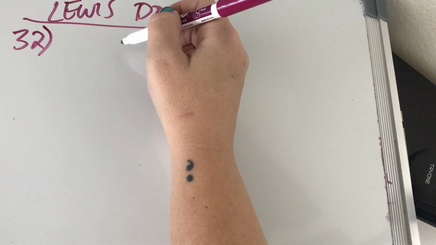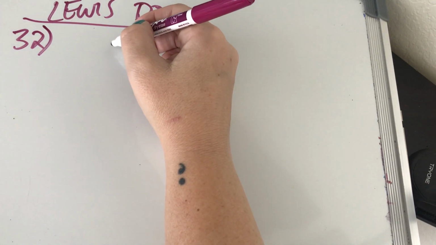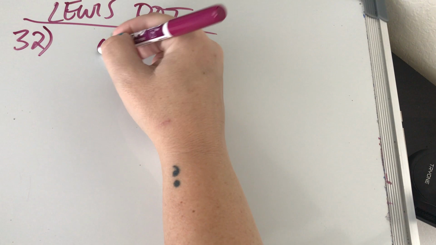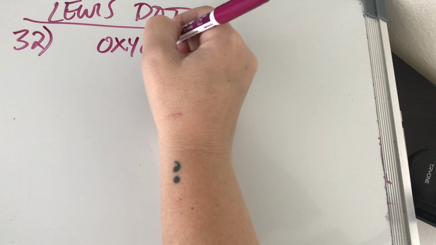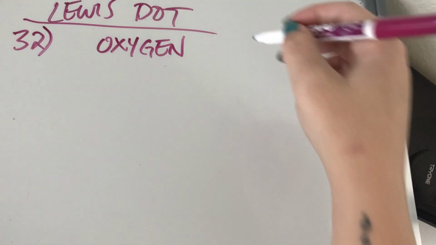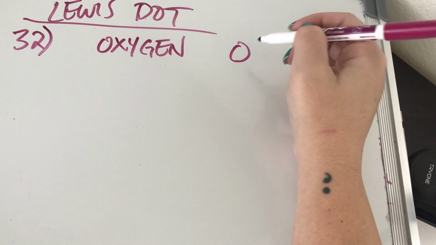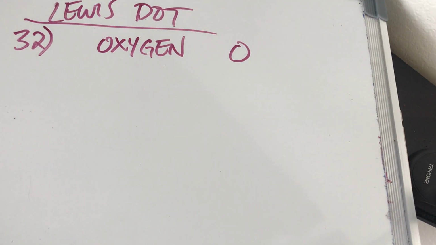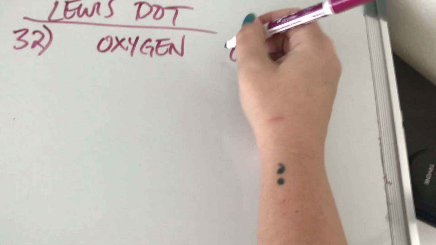So we're asked to give the Lewis dot structure for each of the following atoms. With the Lewis dot structure, we write the chemical symbol, and then around it, we draw all of the valence electrons. So how many valence electrons does oxygen have? 6.